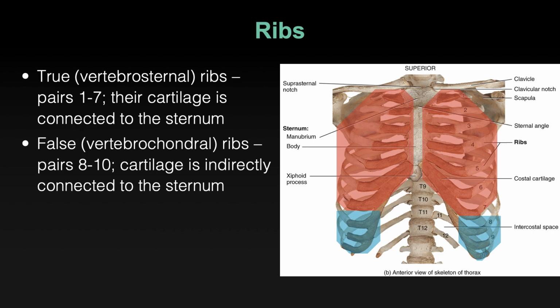They still have costal cartilages, but those cartilages connect to other cartilages. So ribs 8, 9, and 10 are false ribs, whose cartilage you can see here highlighted in blue. Instead, they connect to the cartilage of rib number 7.